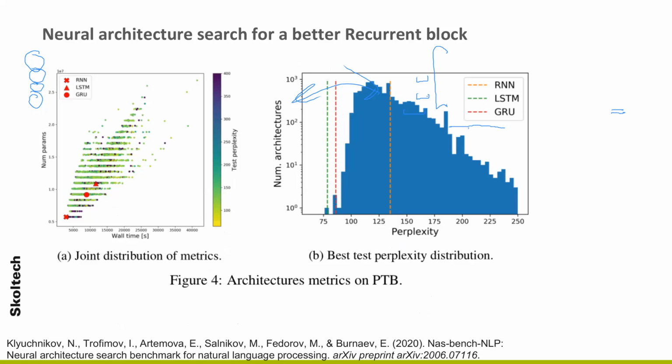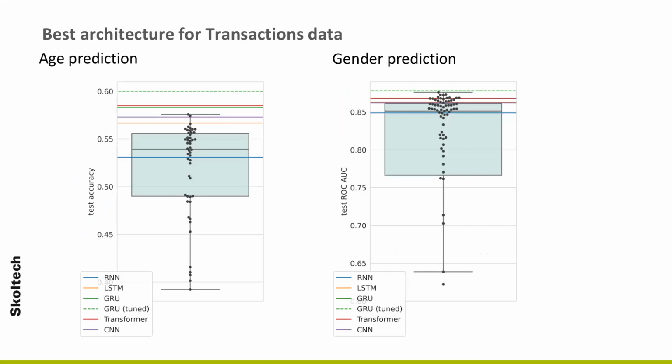They're kind of in the middle. And when we look at the performance for this problem, it turns out that RNN is worse than the typical architectures, but LSTM and GRU are pretty good. So in this way, we don't find better architectures than GRU and LSTM.